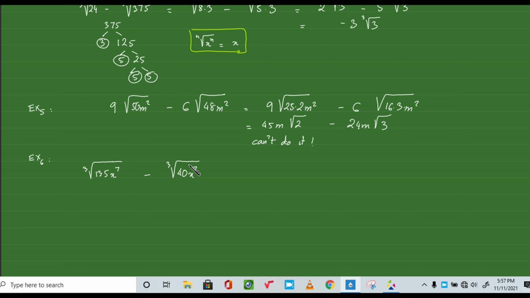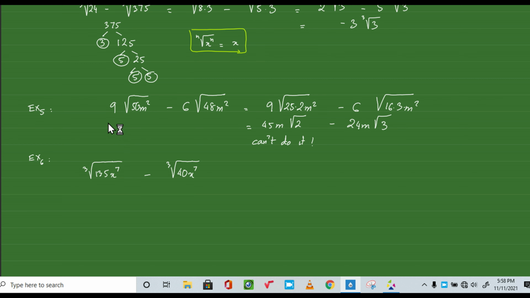Alright, so in this example, there are two different approaches. You can split it up, then apply the yellow box property right here. So we're going to have something to the third power, and because it's the cube root, you can take it out.